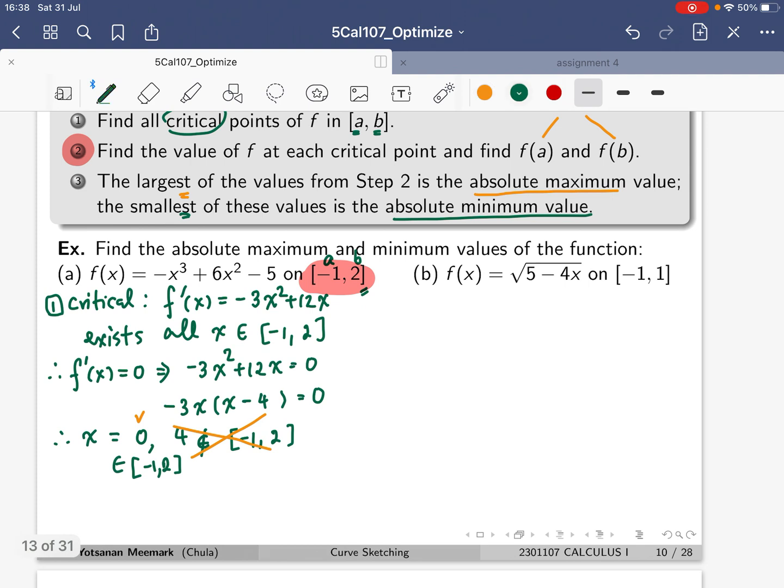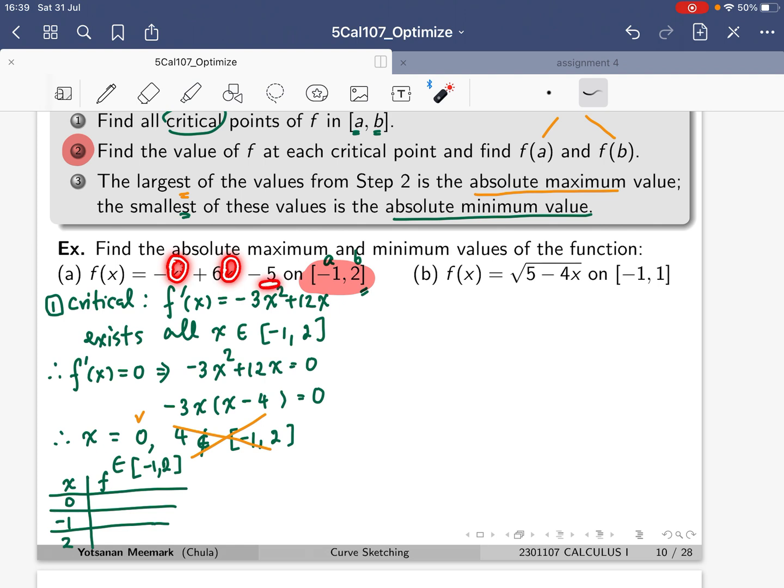So which value do you need to compare? You compare the critical numbers and the endpoints. You've got two endpoints at negative 1 and 2. So you are going to find your function value over here. For the first one, if your x is 0, this one is gone, this one is gone, so you have negative 5.